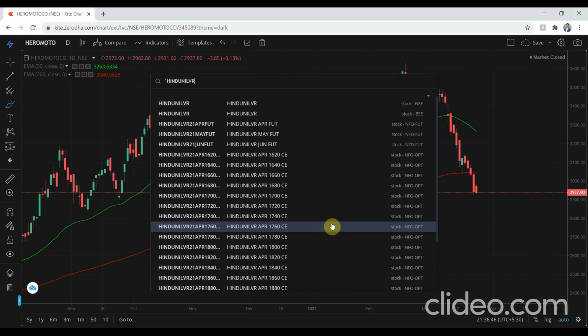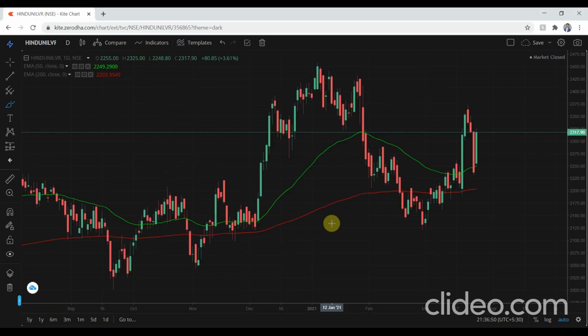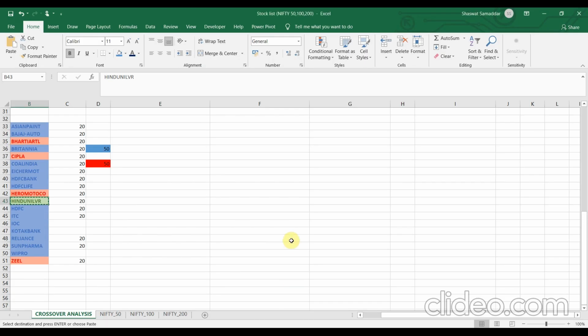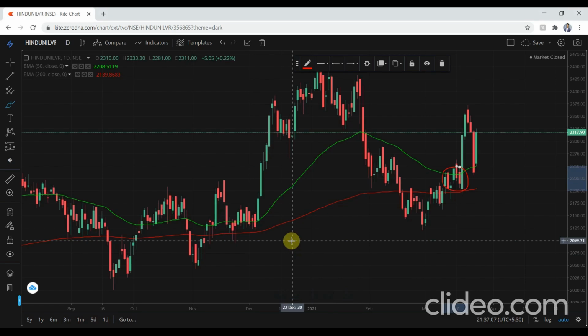Hindustan Unilever. We checked the 50 and 200 EMA when our trading horizon is quite large. So no possibility of crossover. There was a trough here, but then it again traced back its trajectory. So okay, next is HDFC.